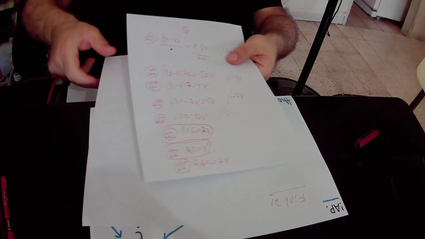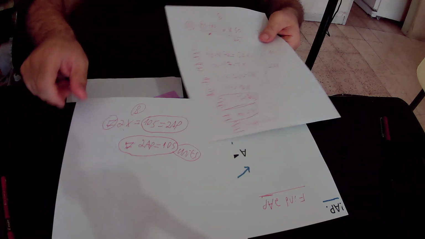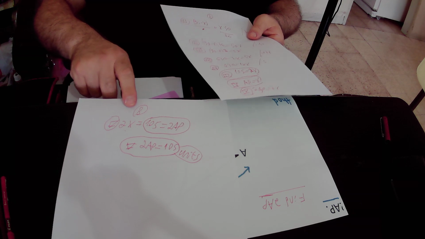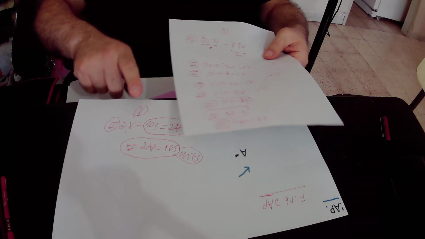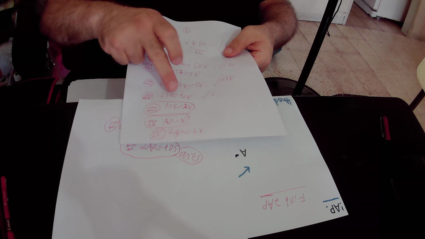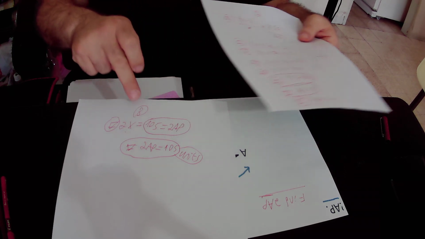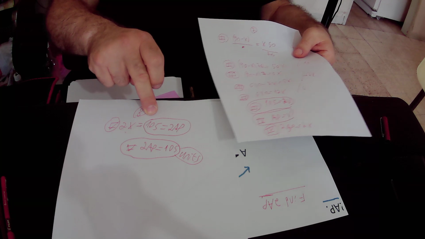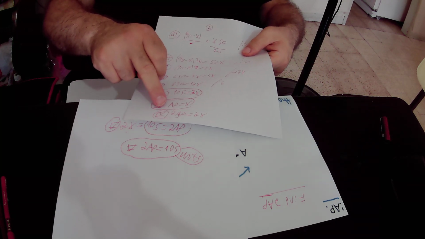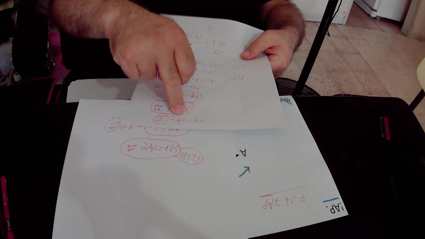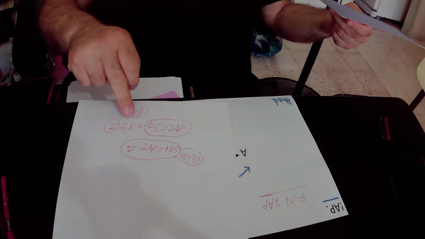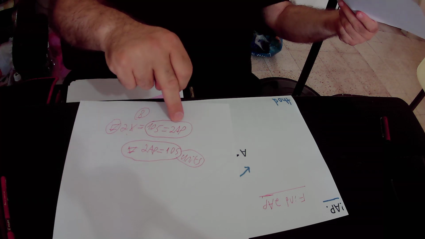Okay, so here we created the fifth equation, that from the third equation we can write that 2 times X equals 105. But from the fourth equation we know that 2 times X also equals 2 times AP.